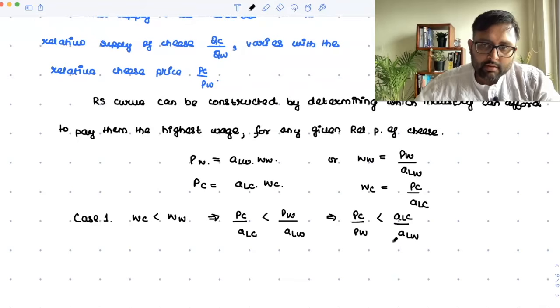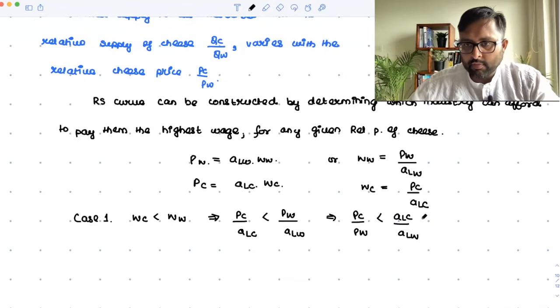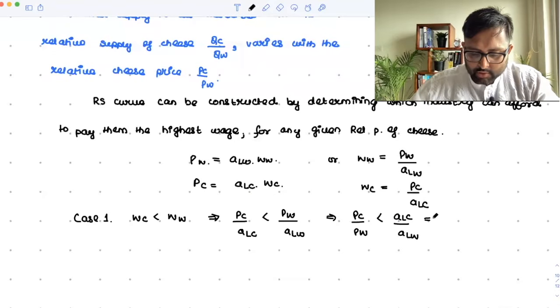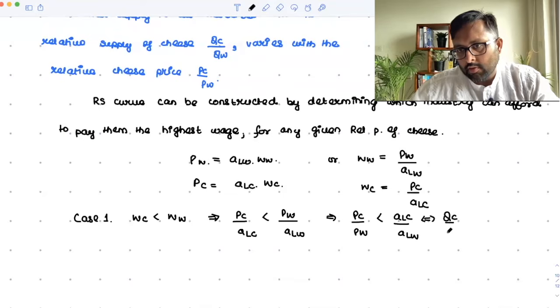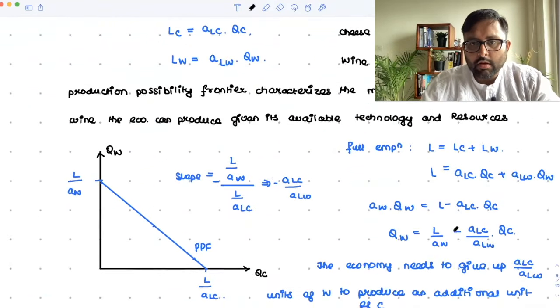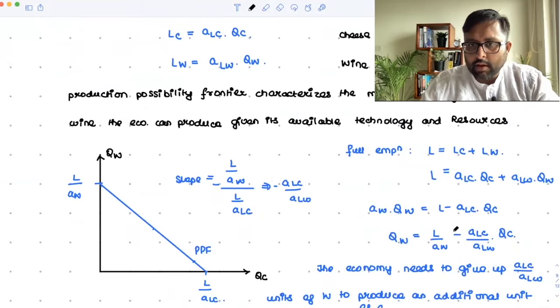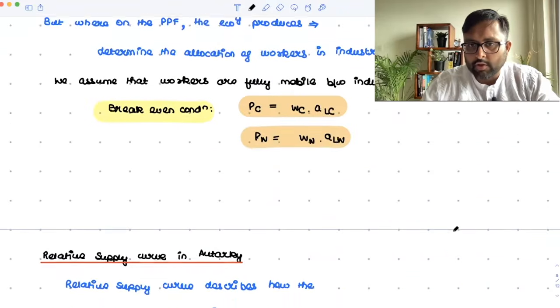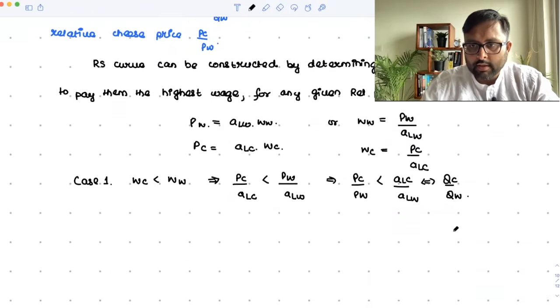But ALC upon ALW is equivalent to QC upon QW.